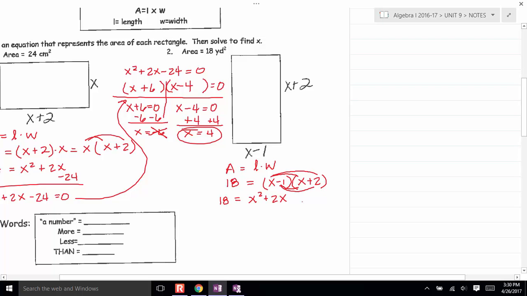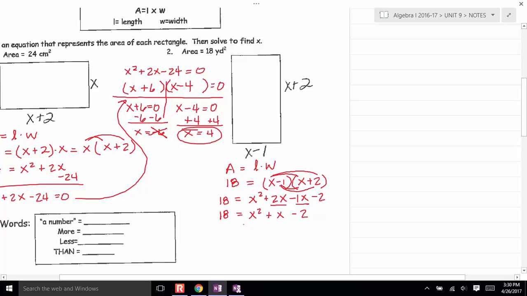So negative 1 times x and negative 1 times positive 2. That would give me a negative 1x and a negative 2. Come back through and combine our like terms just like we did on the problems above. You get 18 equals x squared plus x minus 2.